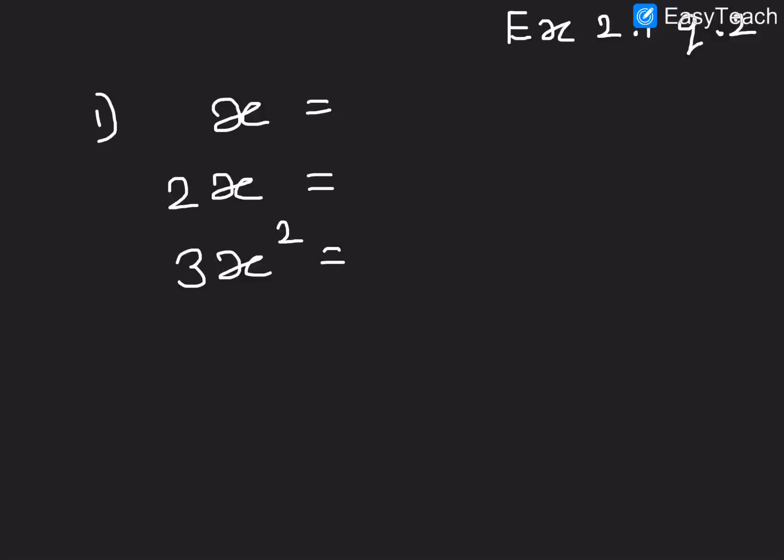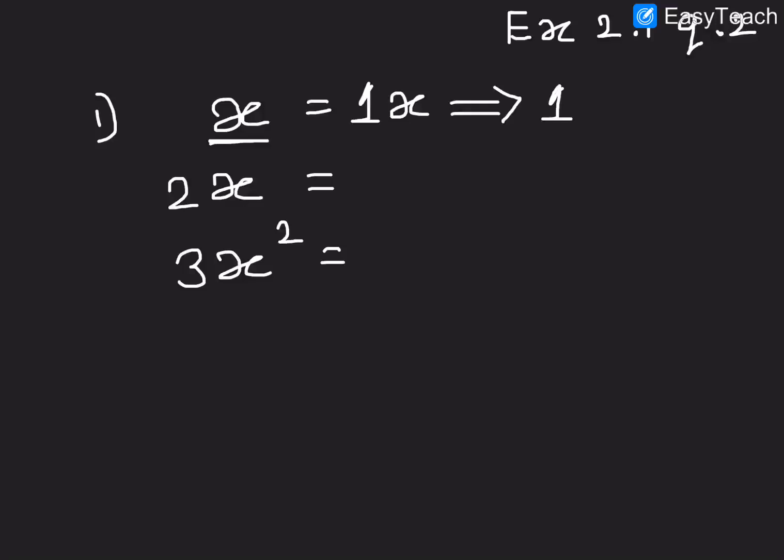So we can see that x is a single term, a single variable, and we know that 1 is a multiple of every number, isn't it? So we can write x as 1x also. I am just giving this as a part of the example. So this x can be written as 1x, isn't it? Hence we can say that the coefficient of x is 1.